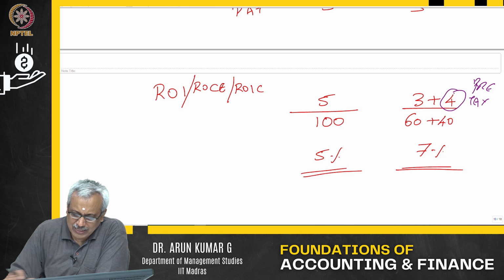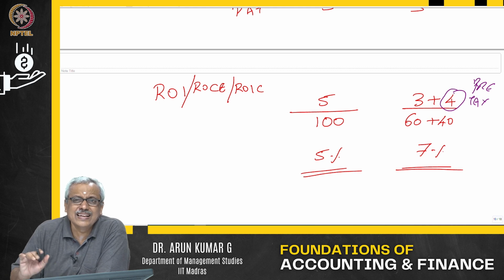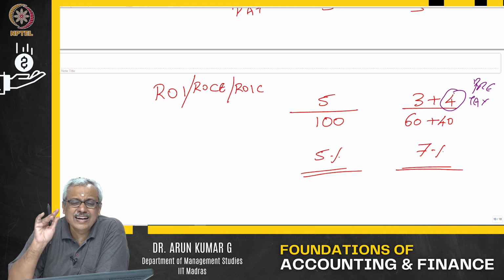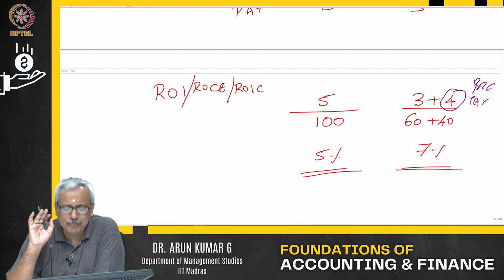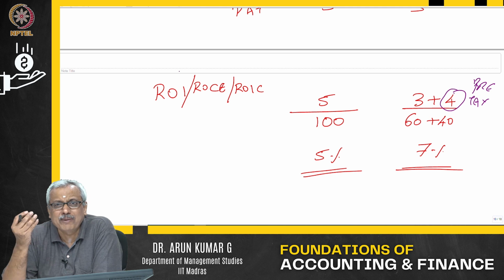So when I have to compare these two, comparing it like this is illogical because I am not comparing their core operation. I want to compare the core operation and take a decision.